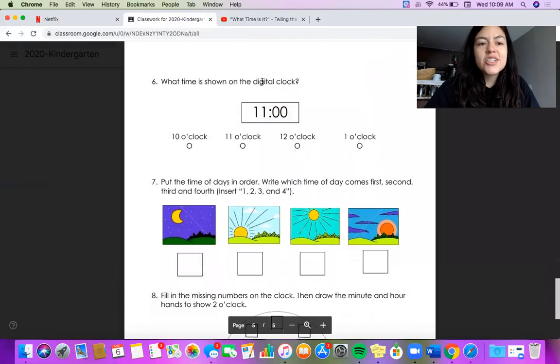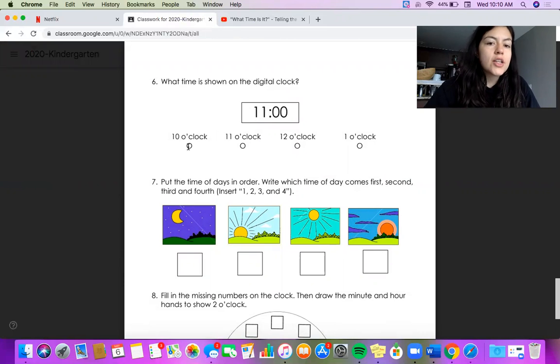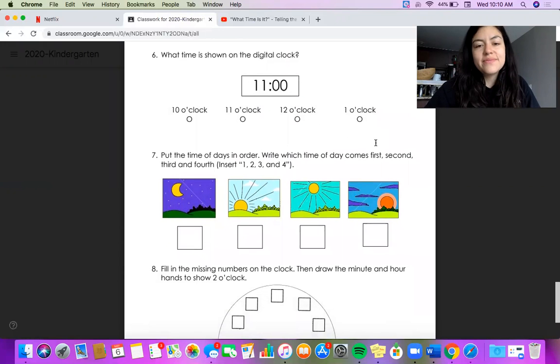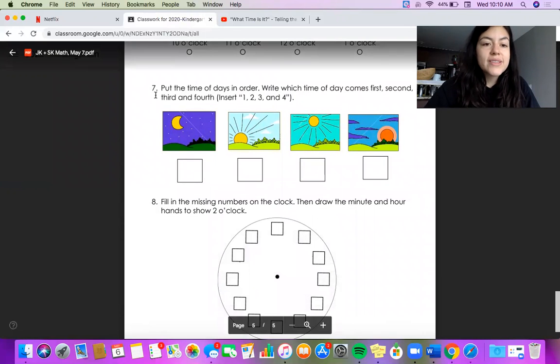And for your last page here, number 6, what time is shown on this digital clock? Is it showing 10 o'clock, 11 o'clock, 12 o'clock, or 1 o'clock? For number 7, you'll be reviewing your times of day.